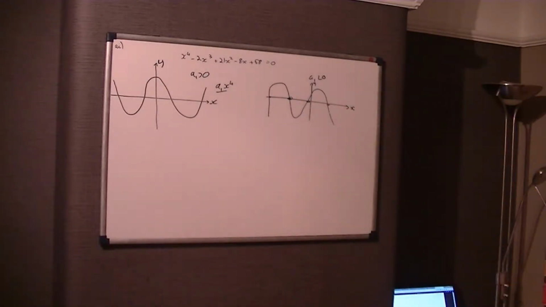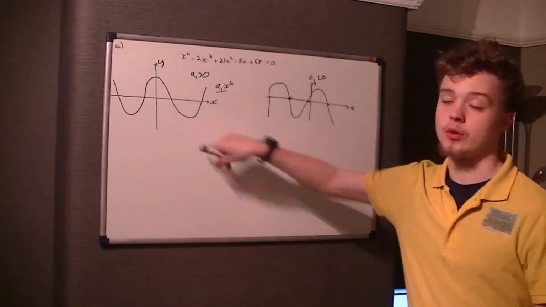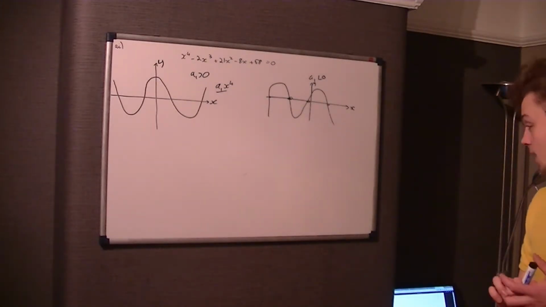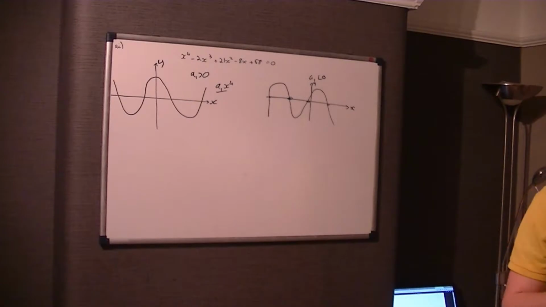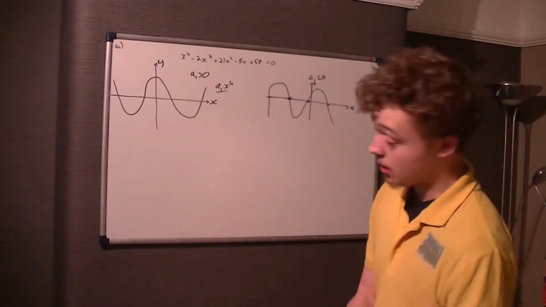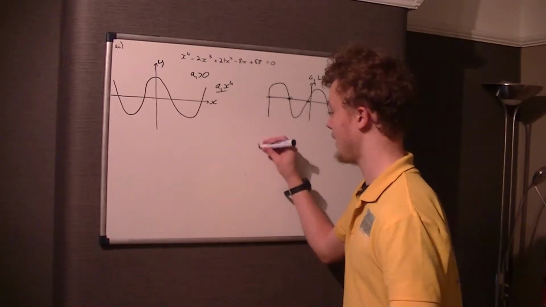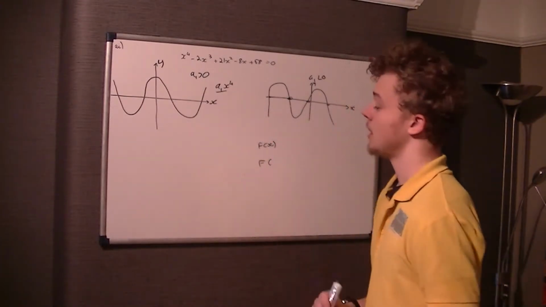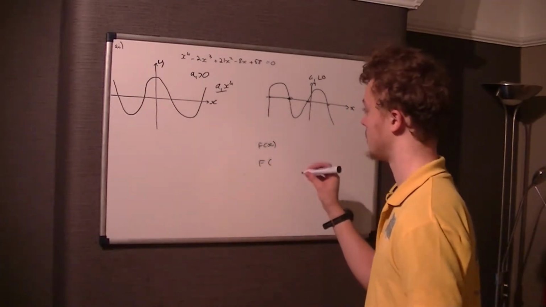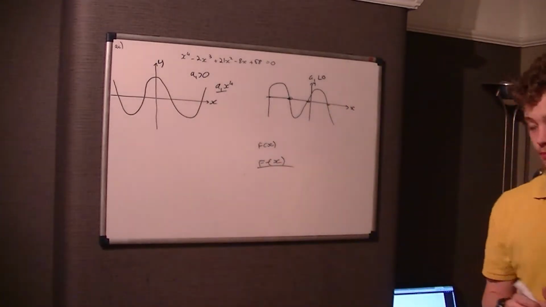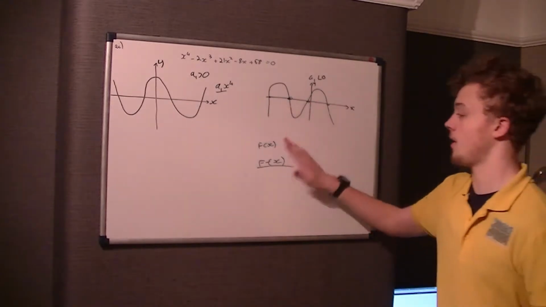Basically, it's just a standard reflection in the x-axis. So, as I said, it's just like when we said a1 is less than 0 and a1 is greater than 0, or vice versa. All we're doing is going from f of x to minus f of x. That's all it really is, these two graphs.